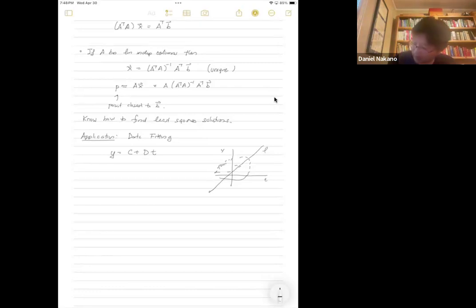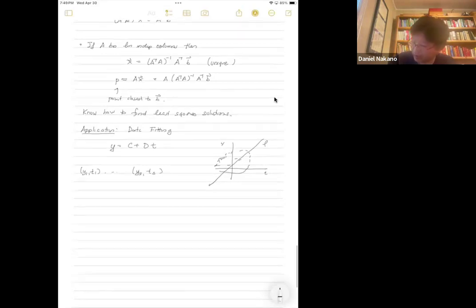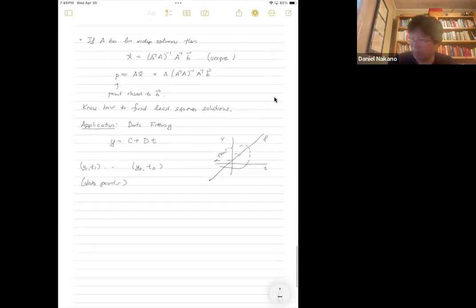Okay, so the data points are going to be like (t1, y1) up to (ts, ys). Okay, so these are the data points, and they're scattered all over the plane.